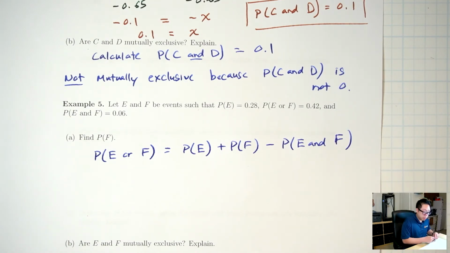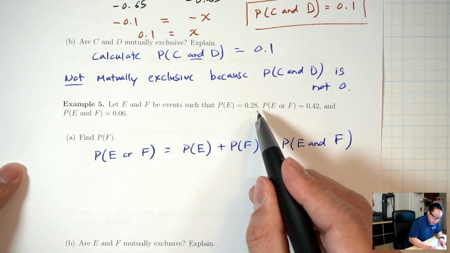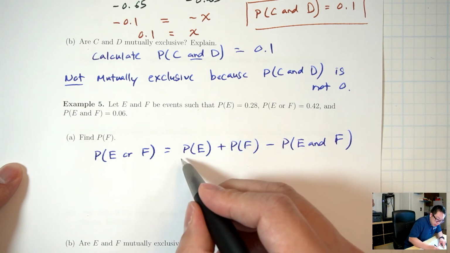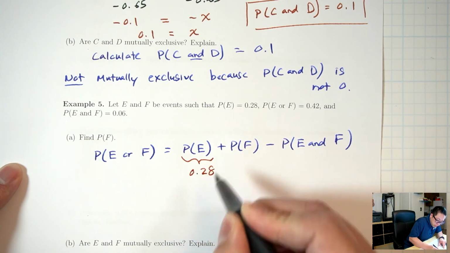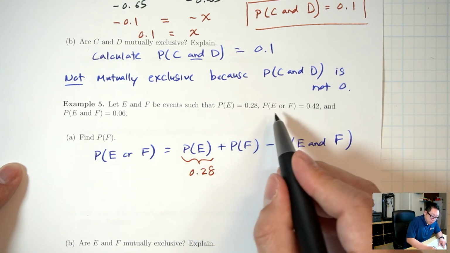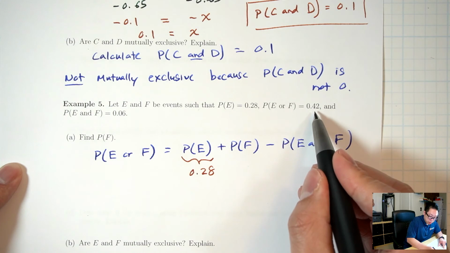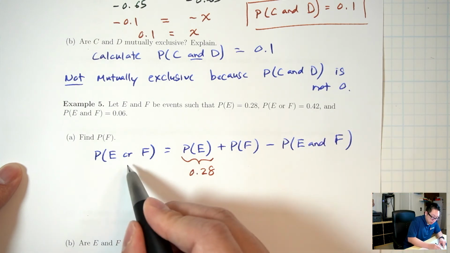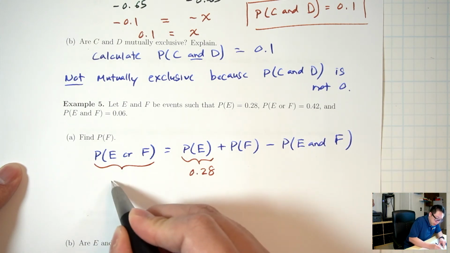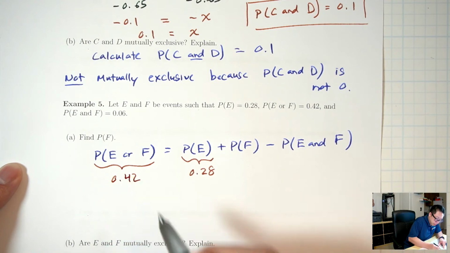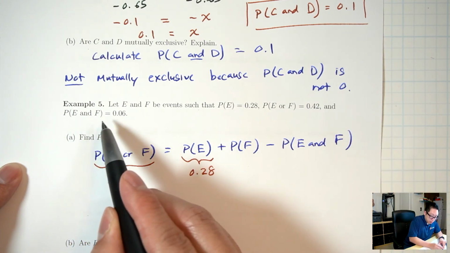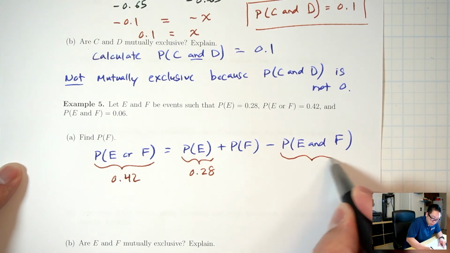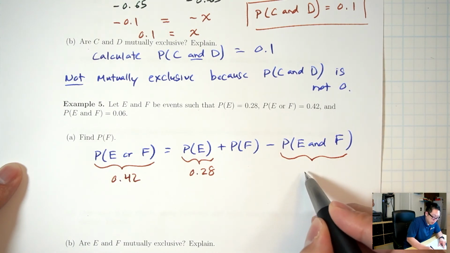And then we're going to fill in stuff. Okay, P of E is 0.28. That's telling me this entire piece is 0.28. P of E or F is 0.42. That's telling me this entire piece is 0.42. P of E and F is 0.06. That's telling me this entire piece is 0.06.